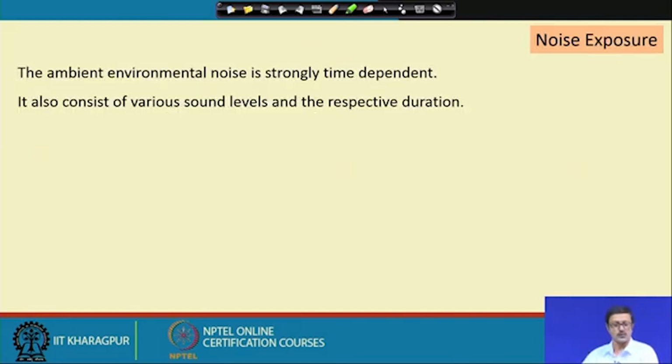So, as we understand from the earlier 3 slides, it is not only the amount of noise, that is the SPL of the noise, not only the frequency of the noise, but also the character of the noise and the source. One important character of urban or environmental noise is exposure time; it is very much time dependent.